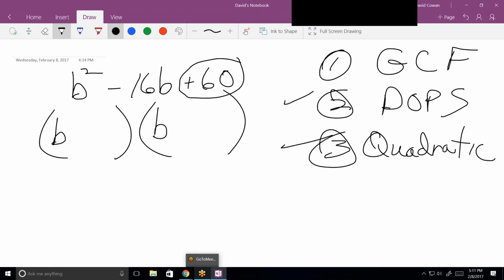Can my signs be opposite? No, they can't be. If they were opposite, that would have to be a negative number. So the fact that this is a positive 60 tells me my signs have to be either minus minus or plus plus.